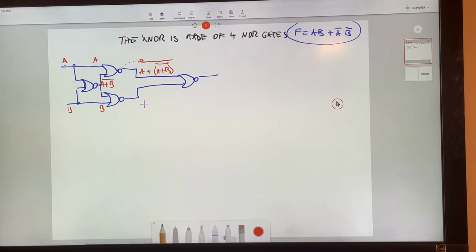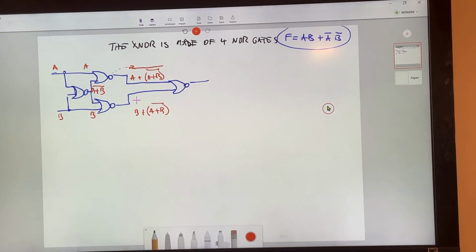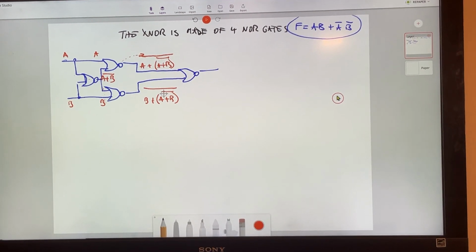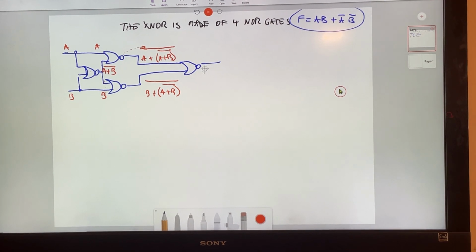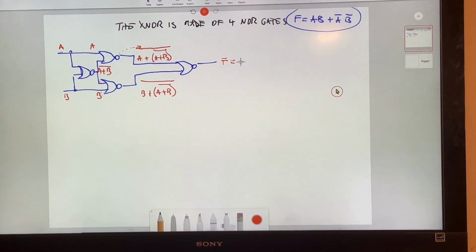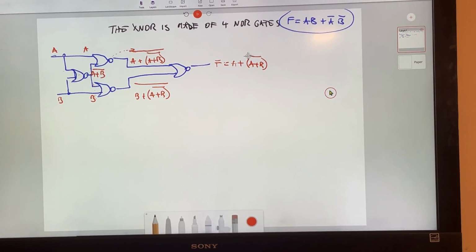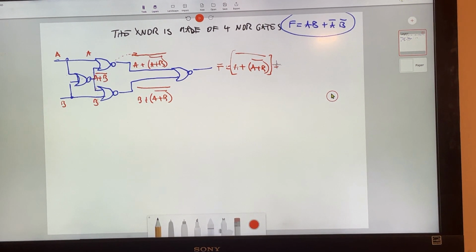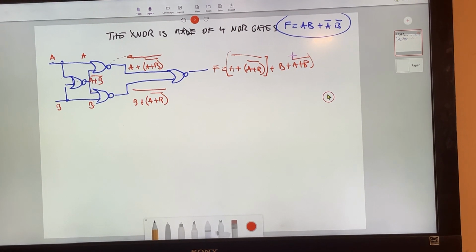In the bottom, you're going to have B plus A plus B with a bar, and everything with a big bar in the top. And guess what? These two are combining with each other to get the result, the output, which is going to be the function: A plus B with the bar and with the bar in the top, plus B plus A plus B with the bar in the top.